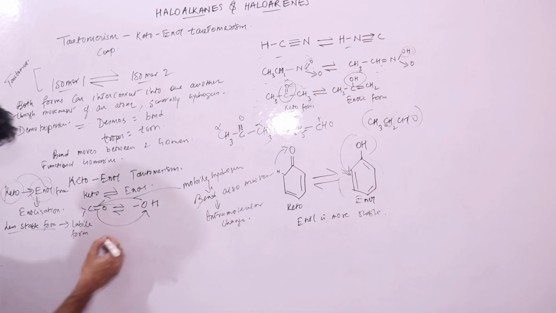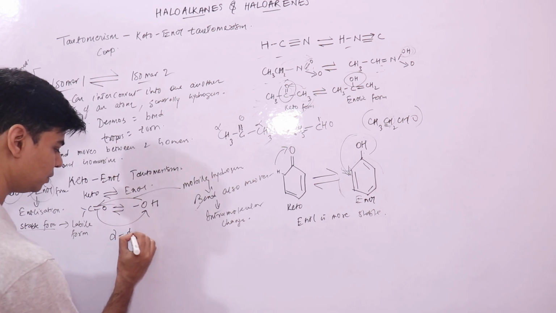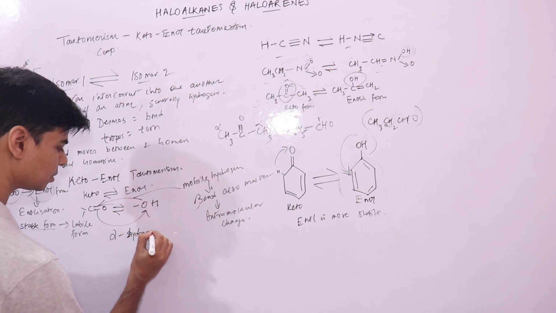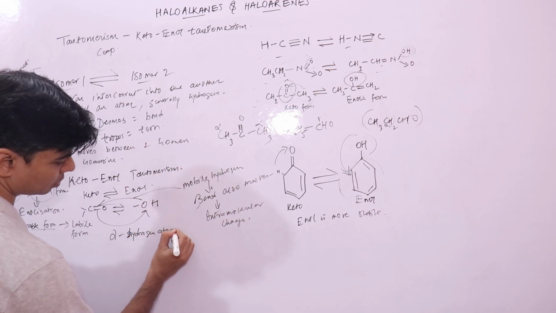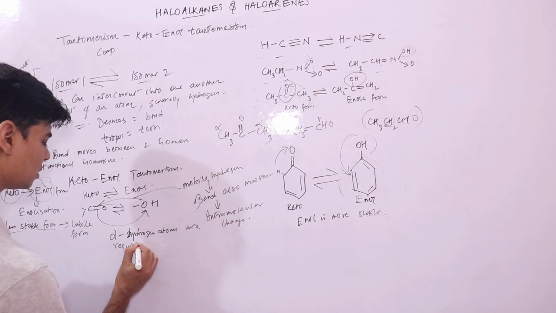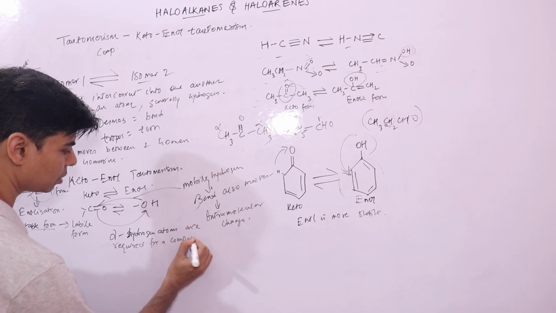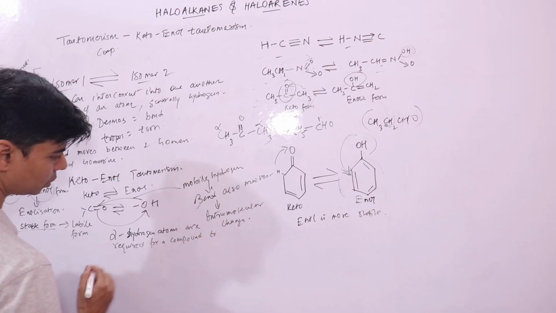I'll just mention it over here: alpha hydrogen atoms are required for a compound to show keto-enol tautomerism.